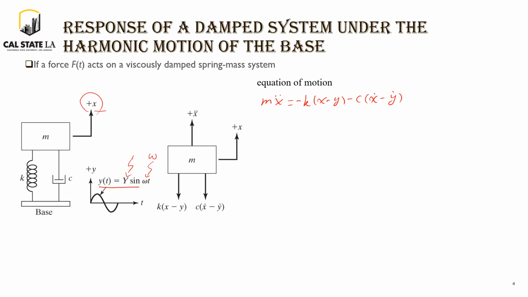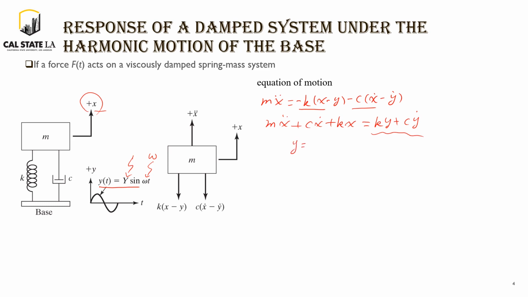Then we can rearrange it to make it in a standard form that we are familiar with. We put x terms to the left, so that it becomes m x double dot plus c x dot plus k x, equal to the right hand side, which is k y plus c y dot.